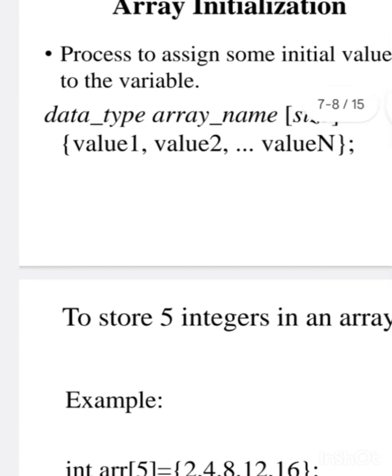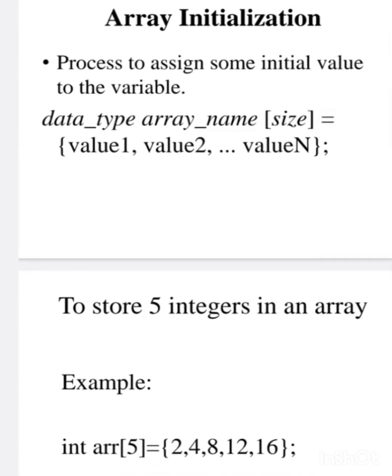Initialization is nothing but assigning some initial value to the variable. The syntax of array initialization is data type, array name, inside the square brackets the size, equal to, and inside the curly braces we mention the values. We can mention up to n number of values.